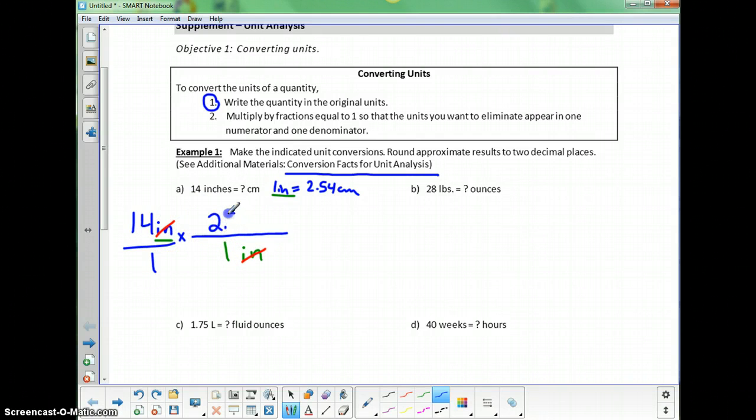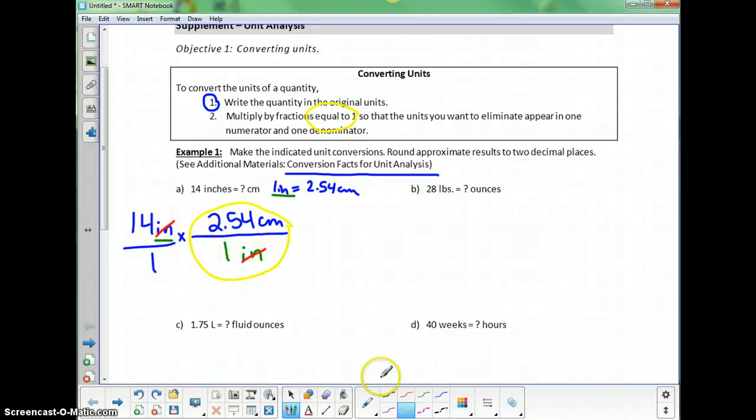And this fact is that 2.54 centimeters is equal to 1 inch. This is equal to 1. Again, we said multiply by a fraction equal to 1. This is equal to 1 because the conversion fact states that this is true. Those two are equal, and therefore that is equal to 1. So I'm not changing the 14 inches when I multiply it by 1.